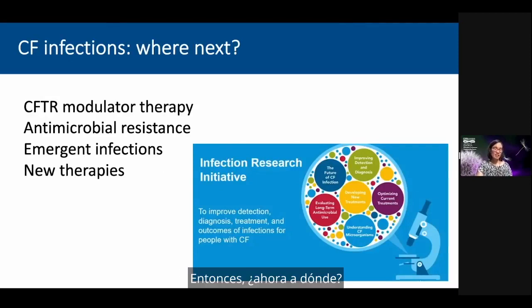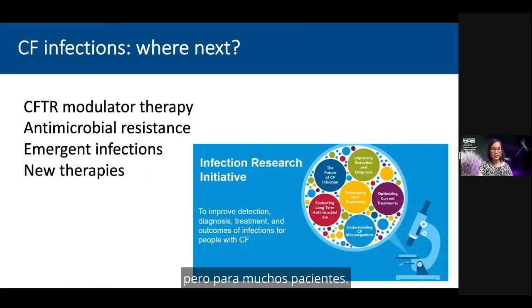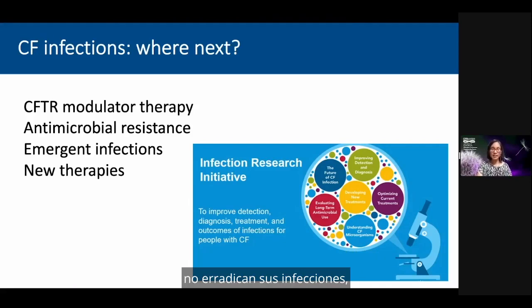So where next? Well, I think that the CFTR modulators have been a game changer for many, not all, but many patients. But we are recognizing that even in the advent of CFTR modulator therapy, infections are not going away completely. And it remains a problem where patients are not eradicating their infections.